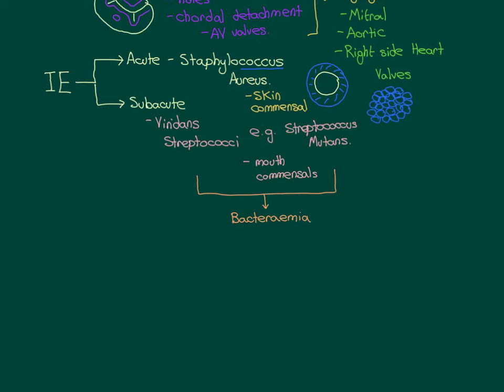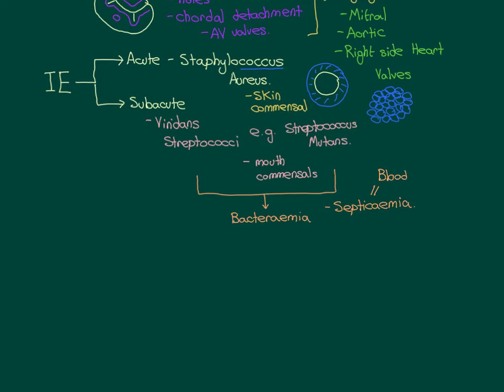Now, I just want to clear up something that people often get confused about, which is the difference between bacteremia and septicemia. Bacteremia just means that you have bacteria present within the blood. Septicemia literally means blood poisoning, and this is much more dangerous.